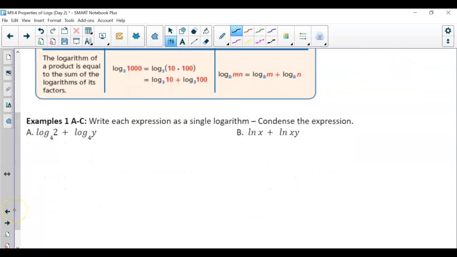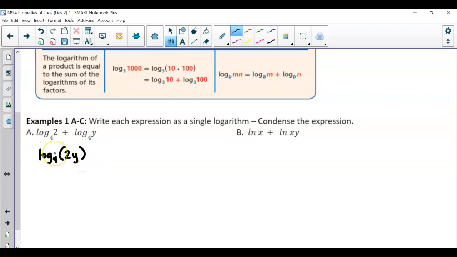Like in this first example, see how we are condensing and our two bases are the same, so we can apply the product property of log. So I have log base 4, then because we're adding, we are going to multiply 2 times y.